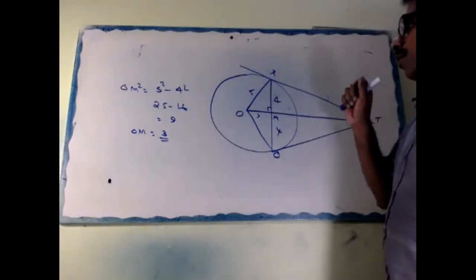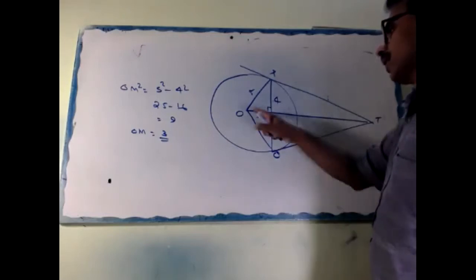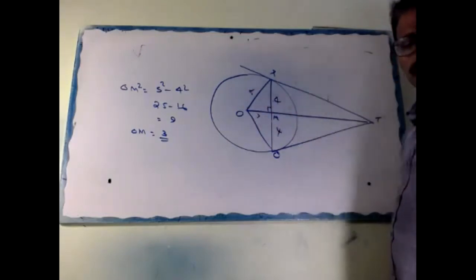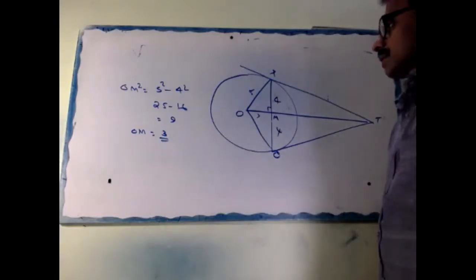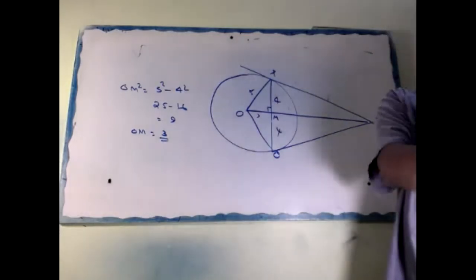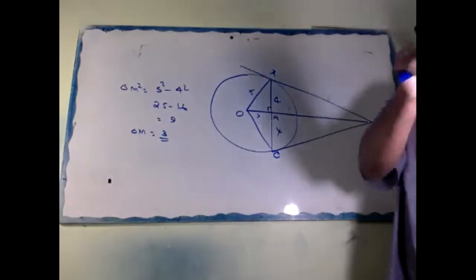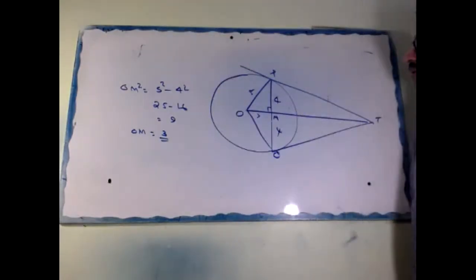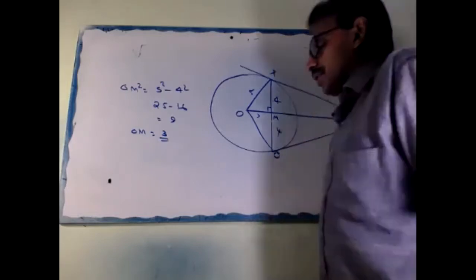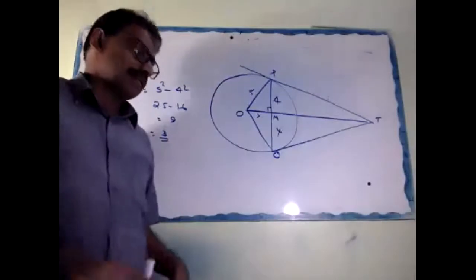Then OM square equal to 5 square minus 4 square, that is 25 minus 16, equal to 9. OM equal to 3.